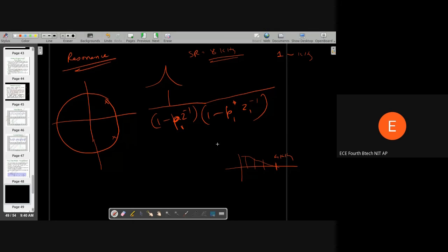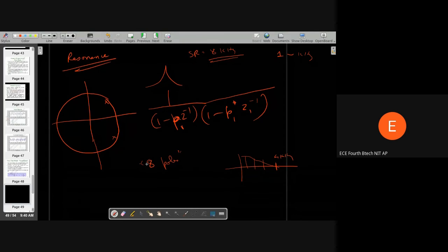So we'll need eight complex conjugate poles to represent this vocal tract system.